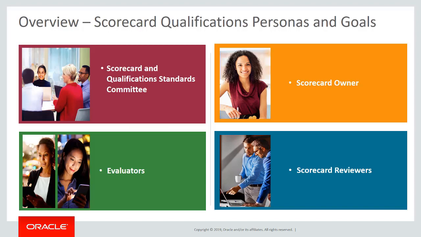This slide highlights the responsibilities for each of these personas. The Scorecard and Qualification Standards Committee are key stakeholders from across organizations. They are the decision makers who formulate standard evaluation templates. The scorecard owner is responsible for managing a large pool of buyers. Scorecard owners create and manage supplier evaluations.